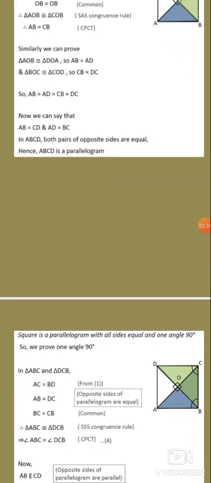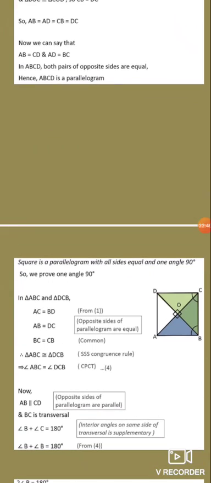Now a square is a parallelogram with all sides equal and one angle 90 degrees. So we prove one angle 90 degrees. For that, first in triangles ABC and DCB, same type of steps as in the above questions. AC equal to what? BD. Why?